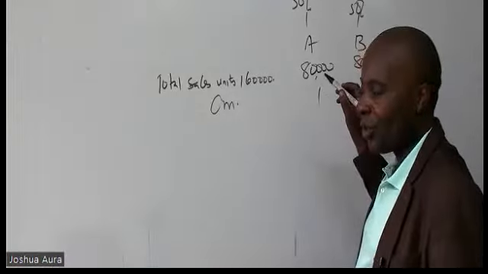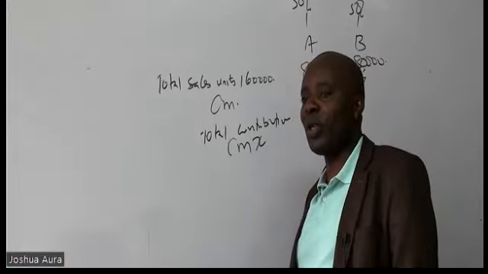Right? So could you kindly give me the total contribution? Total contribution is CM times number of units. You are taking the contribution margin times number of units. So this one is 80,000. Can somebody give me this times this? 80,000 times 7 gives me 500 and who?